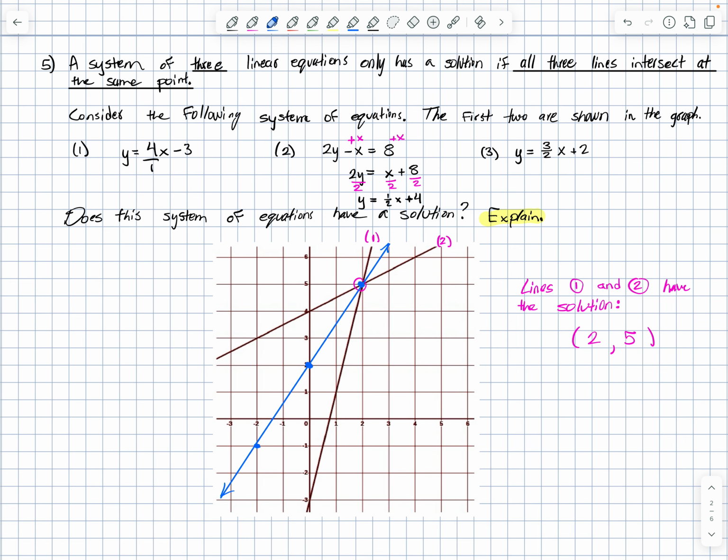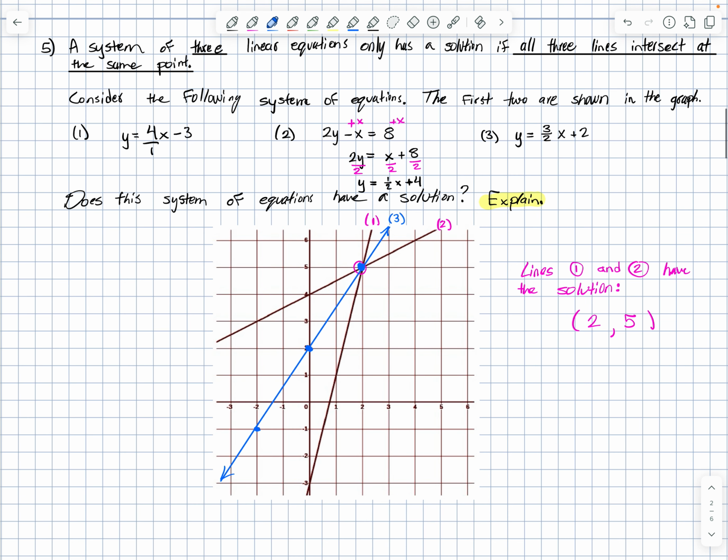And this line, so let's call that line number 3, actually goes through that point of intersection as well. So the answer to this question, does this system of equations have a solution? It's yes. And the explanation to this is all three lines have the same point of intersection, or POI for short.